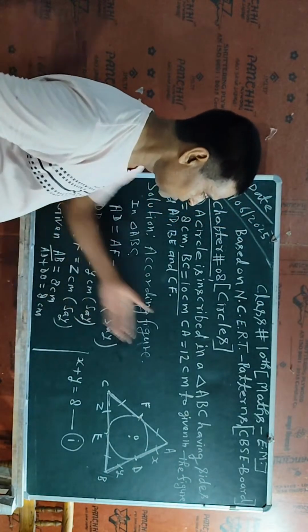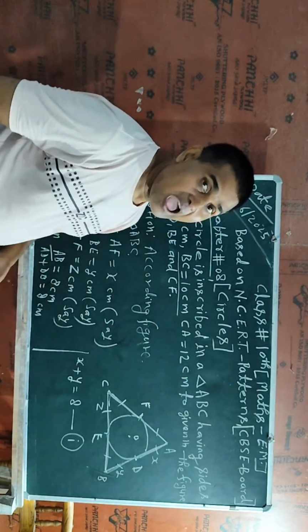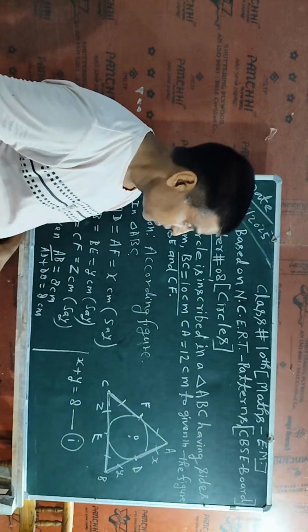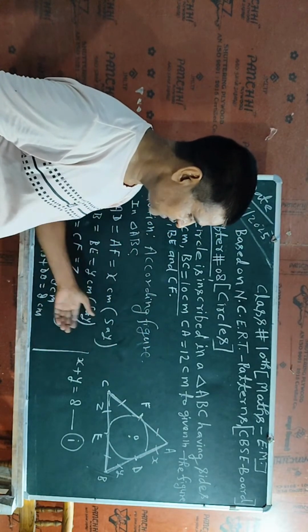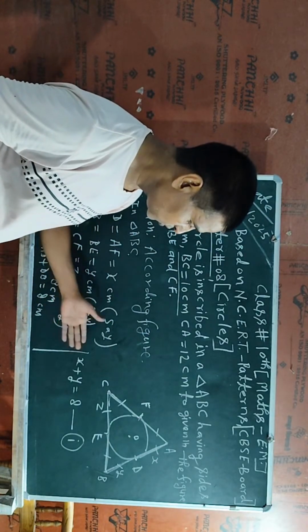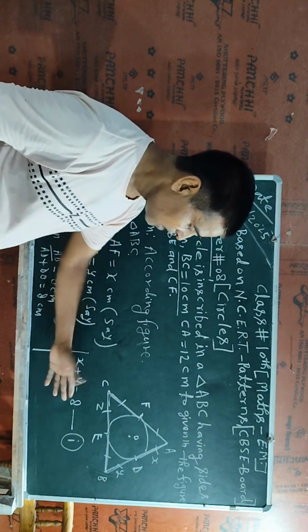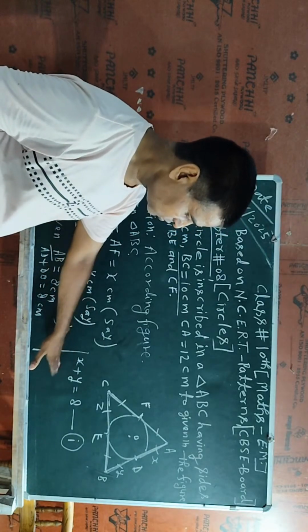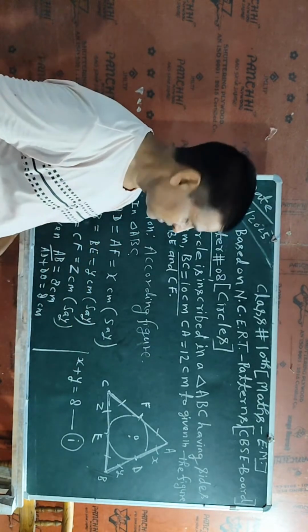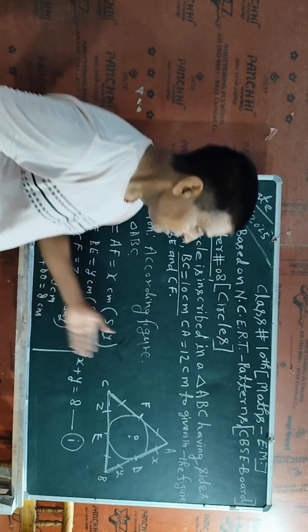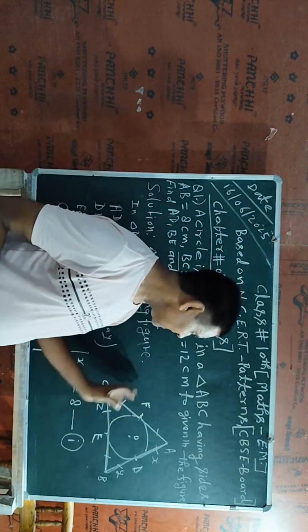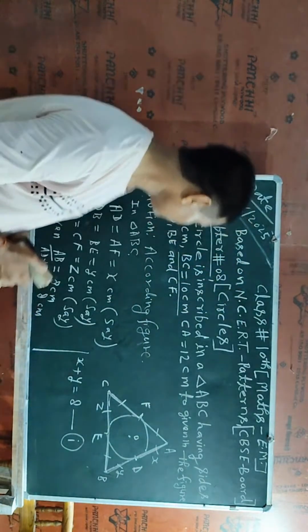Similarly, I will write equation number 3, and then after adding all the equations, I will subtract and I will get the value of X, Y, and Z also. That will be the answer to my question.